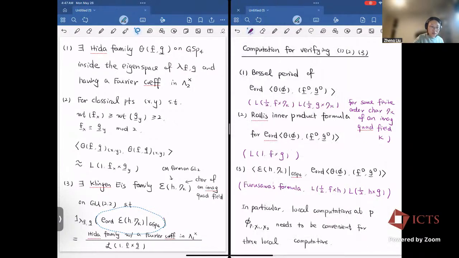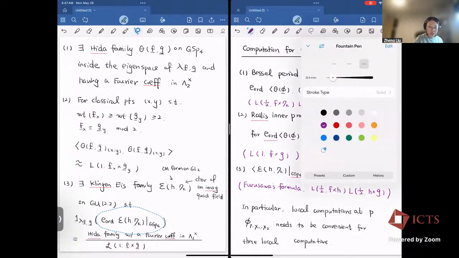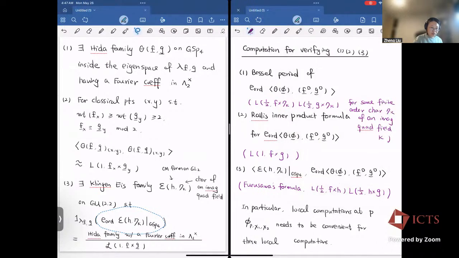So our criterion for picking those Schwartz functions is not only that we want those values to be p-adically interpolated, but, maybe more importantly, that it is convenient for us to do these computations to verify what we want.